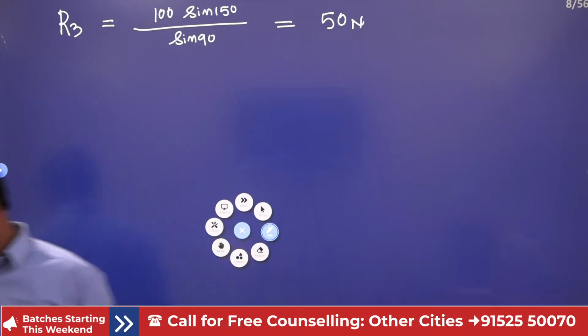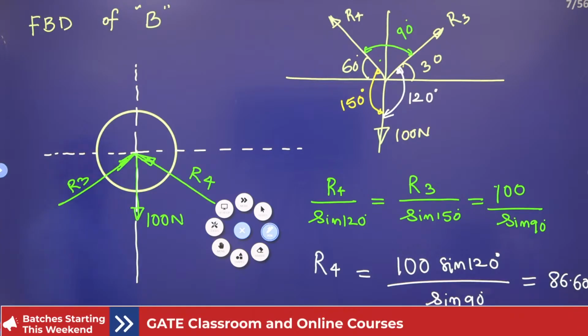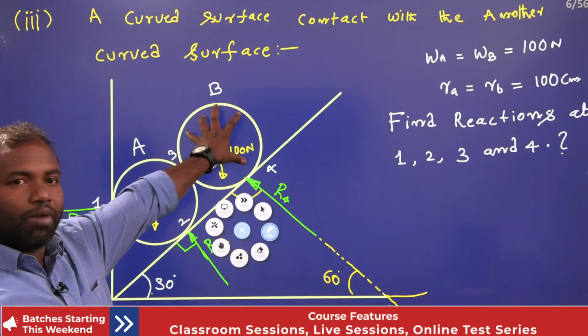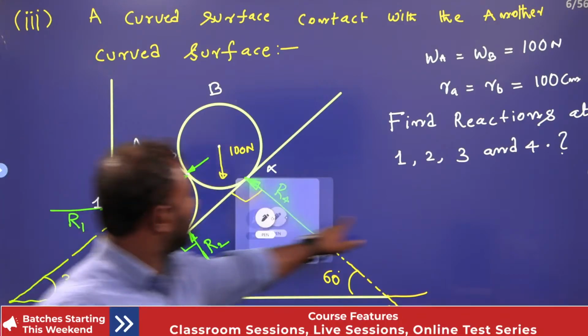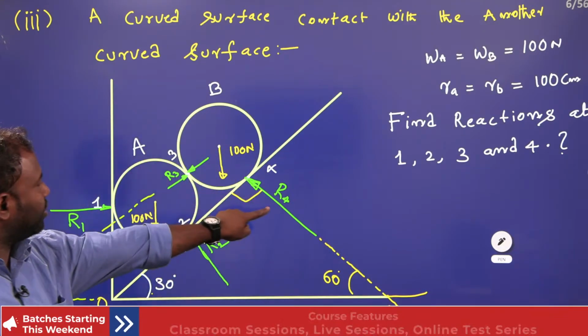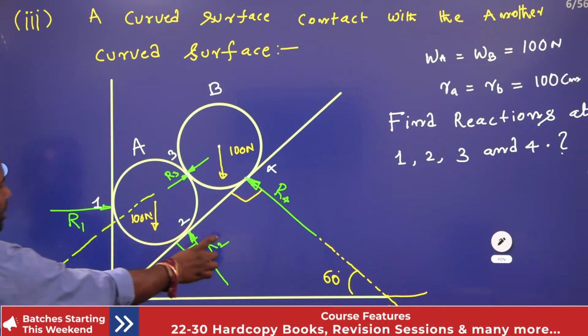Now let us go for the free body diagram of A. With the help of taking only the free body diagram of B, I found reaction 4 and reaction 3. Now I know reaction 3 and reaction 4, but I don't know reaction 1 or reaction 2.